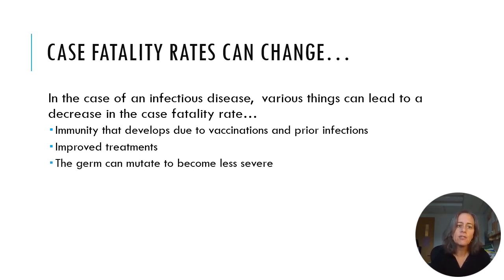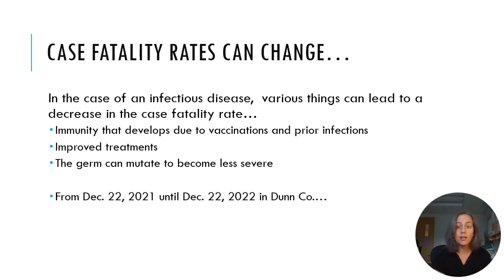The other way the case fatality rate can decrease is if the germ mutates and becomes less severe. Now, in terms of COVID-19, that's perhaps been part of what we're seeing, but it's really hard to tell because we can't isolate that from the fact that everybody now has some sort of immunity, or almost everybody does. So case fatality rates can change. Let's take a look at that using Dunn County data again.